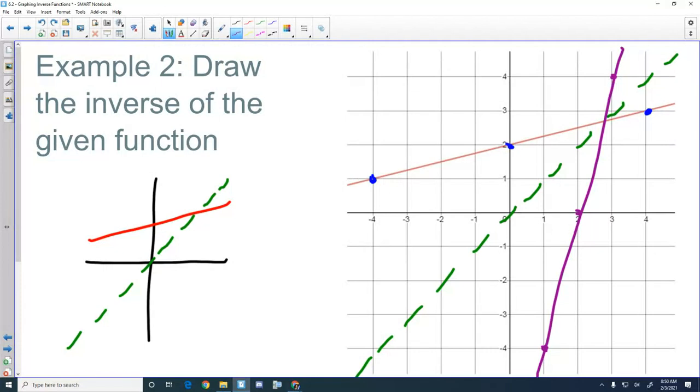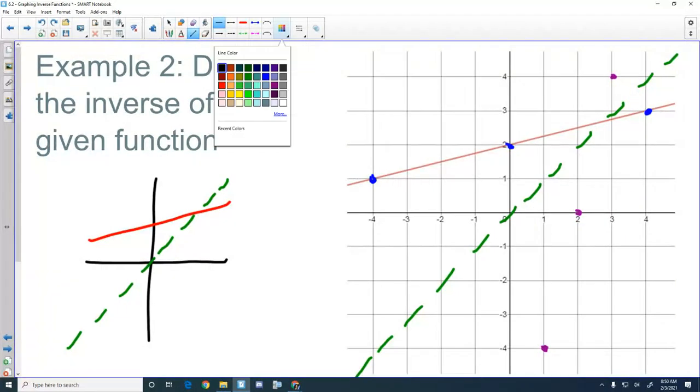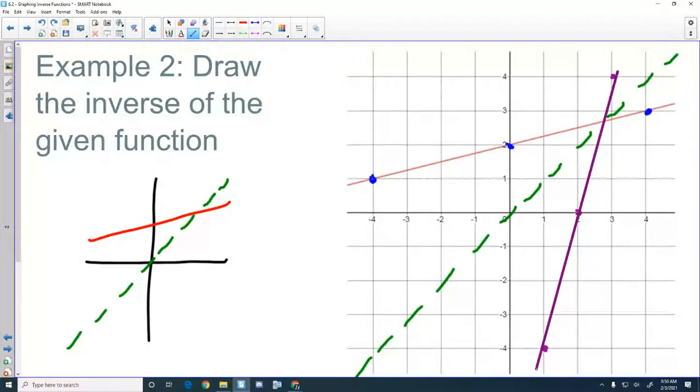Oh yeah? Maybe your perception of it is just crooked. Does that look kind of straight?